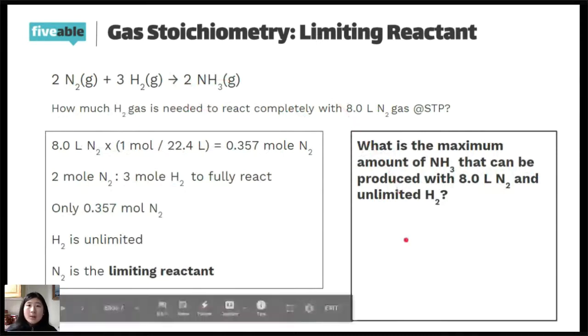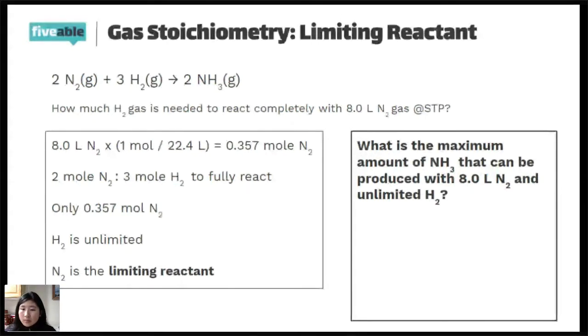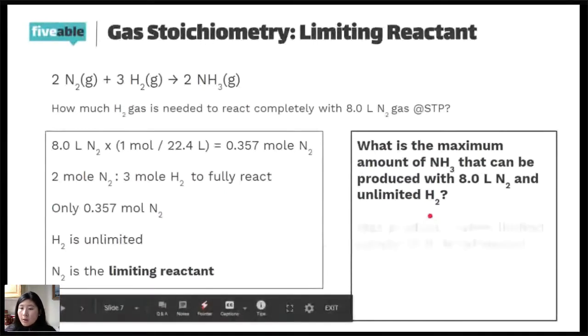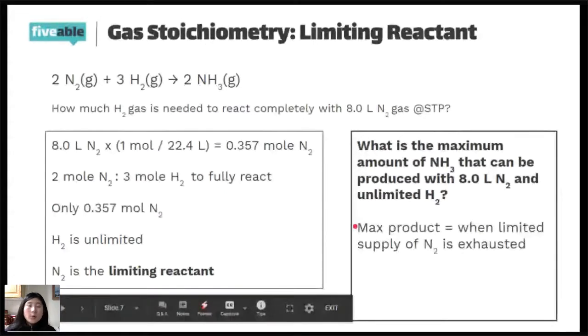So what is the number of moles of NH3 that can be made? So to maximize a product, that is when the limited amount of nitrogen gas is exhausted.